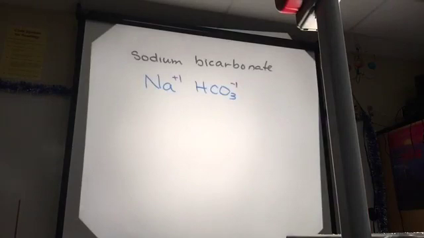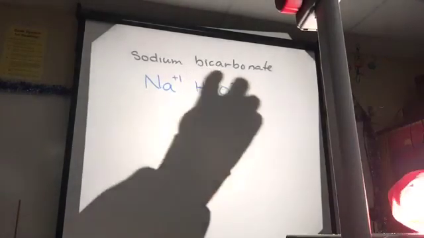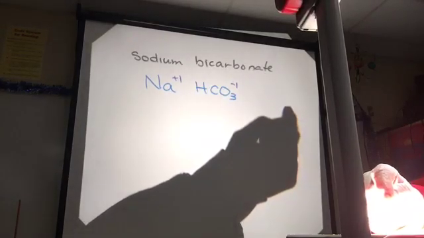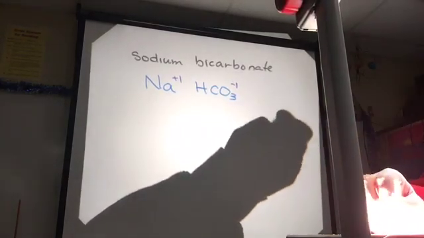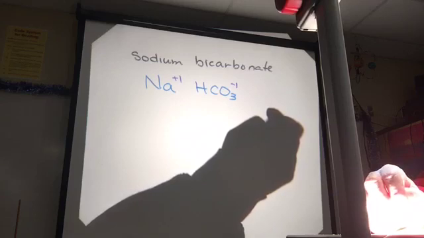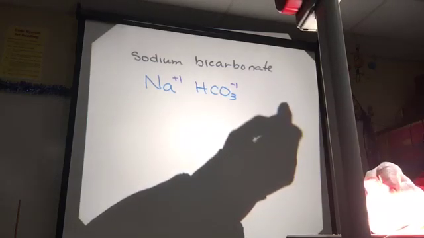How did I know that was a polyatomic ion? Okay, it has 3 elements. How do you know it's got 3 elements? When I said sodium bicarbonate, you went, oh, I need to turn my paper over and look for a polyatomic ion, besides the fact, what? You never heard of it?